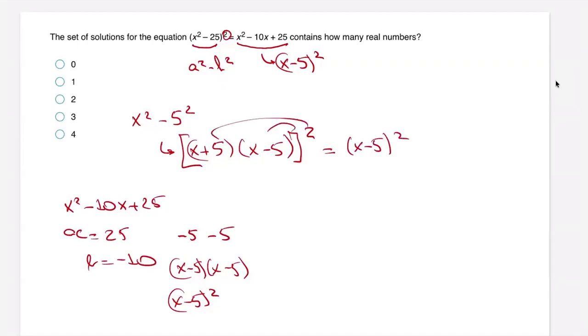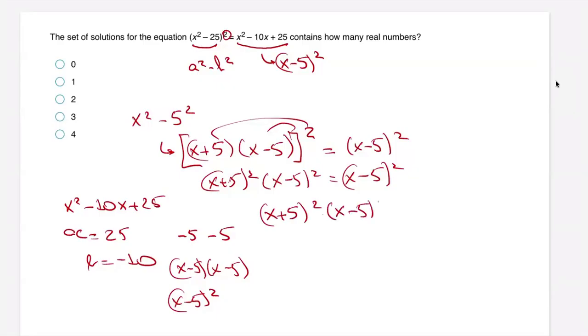I will distribute here. X plus 5 squared times x minus 5 squared is equal to x minus 5 squared. If you cancel here, you are wrong. You cannot do it because it's a quadratic equation, and you are canceling one of the answers. So you need to pass everything to the same side: x plus 5 squared times x minus 5 squared minus x minus 5 squared is equal to 0.